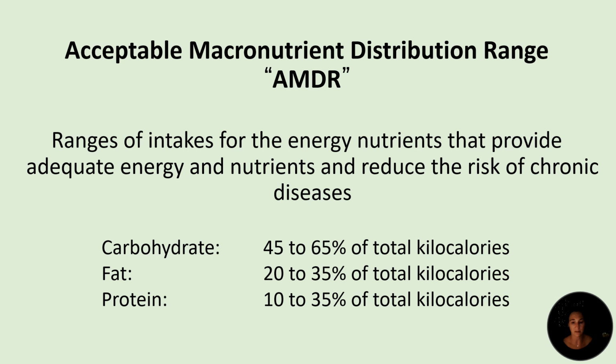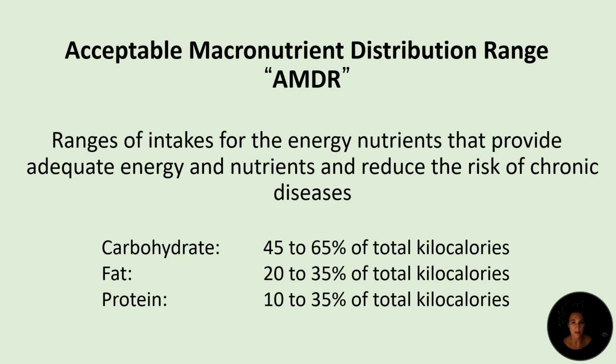Remember, fats yield 9 kilocalories per gram. So we need less of them compared to carbohydrates. So this range is 20 to 35% of our total kilocalories. That should come from fat. And then for protein, it's 10 to 35% of our total kilocalories that we eat in a day should come from protein. So there's a lower level, there's an upper level.